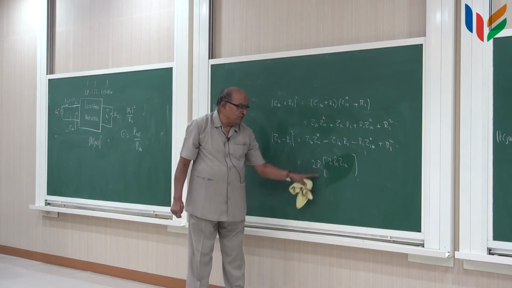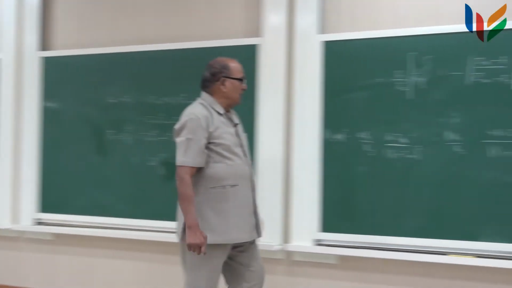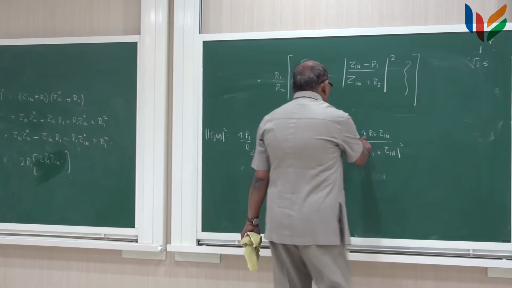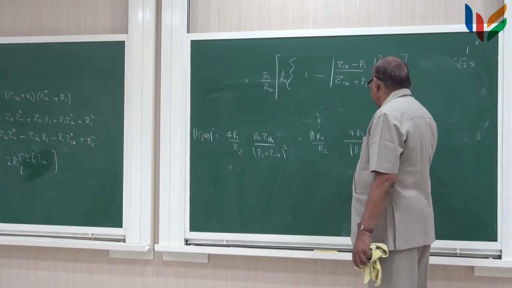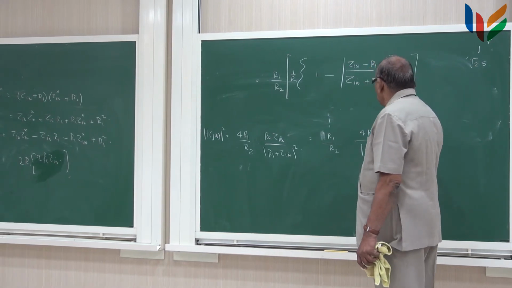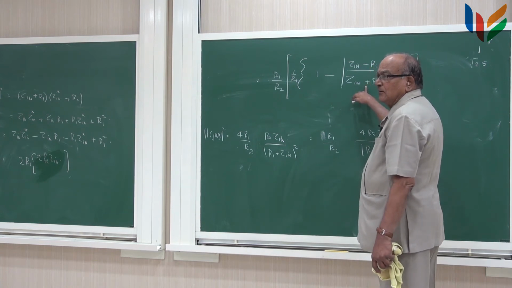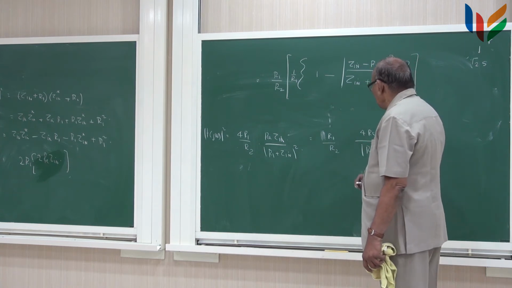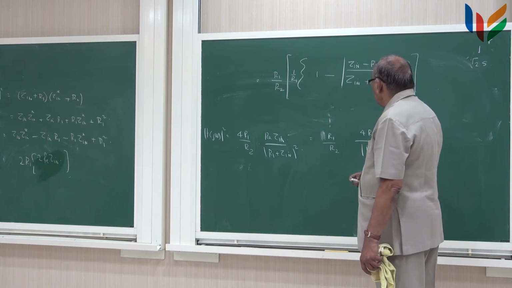So the 4 times R1 times the real part of Zin, divided by this, the modulus.